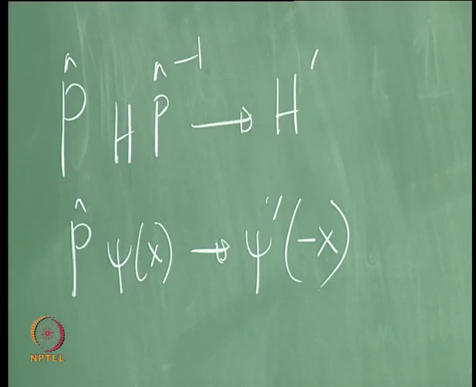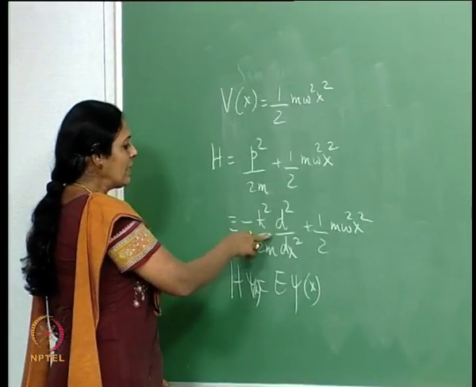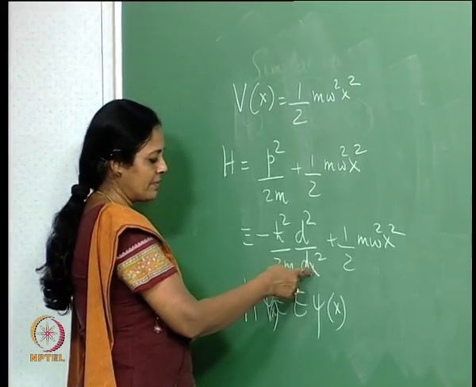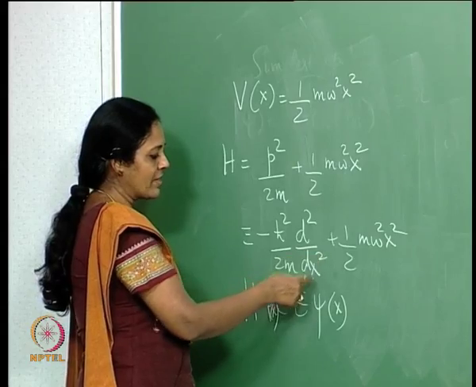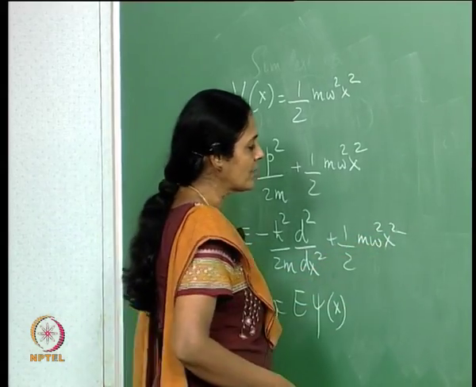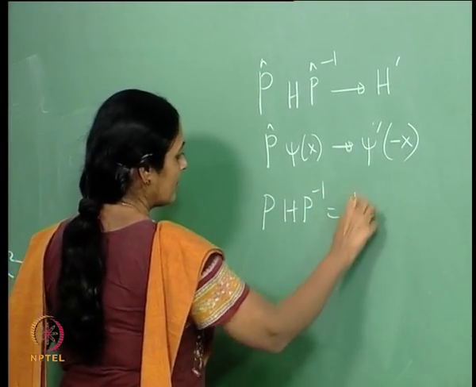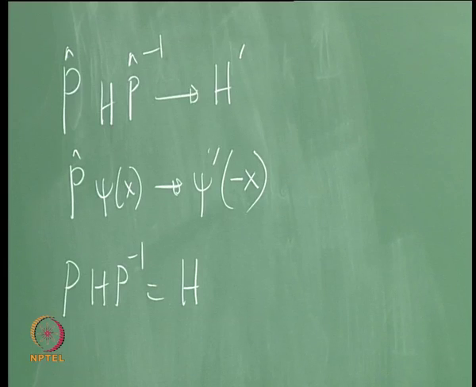However, here is a situation where P leaves h invariant, because when x goes to minus x, x squared is unchanged, d x squared is unchanged, and similarly here x squared is unchanged, and therefore P h P inverse equals h.